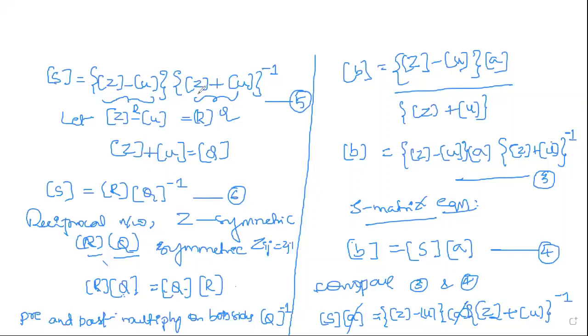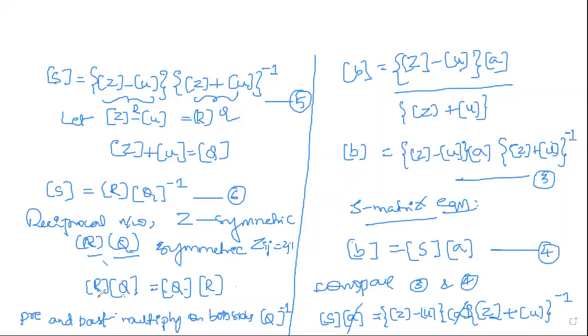For this S matrix, consider Z minus U as R, Z plus U as Q. So S will be equal to R matrix, Q matrix inverse. For a reciprocal network, we know the property that Z is always symmetric. So here also R and Q will be symmetric, which I can write as R into Q is nothing but Q into R.